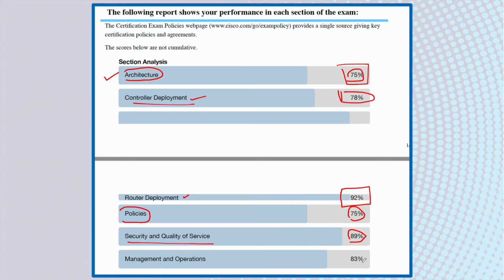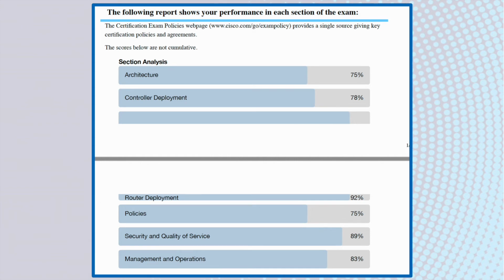In management and operations I got 83%. So this is how we get a temporary or preliminary score report after the examination, as I told you. I hope you will get more than that.